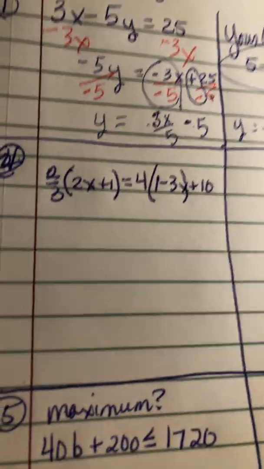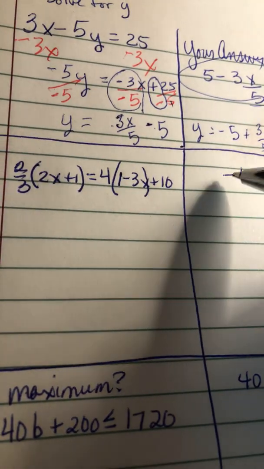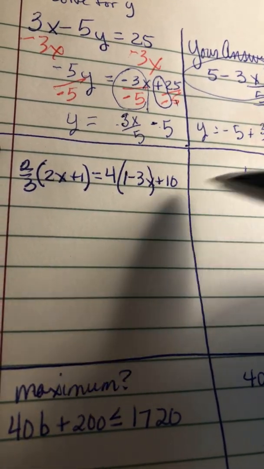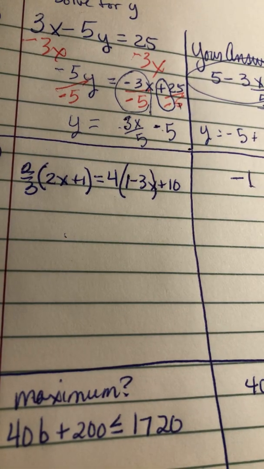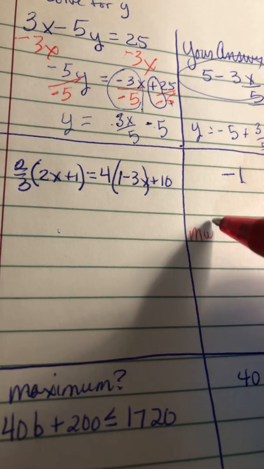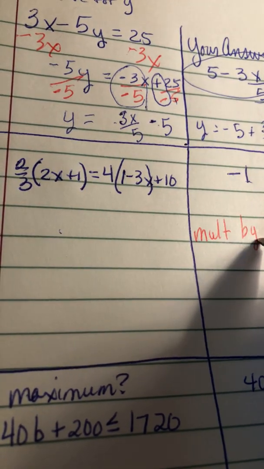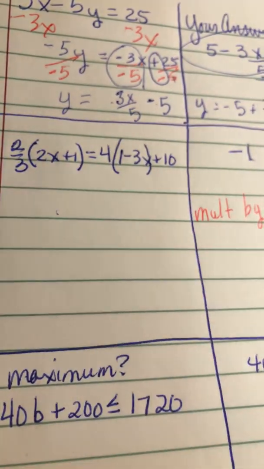Then number 4 was the next one you missed, and I believe, if I remember right, you answered negative 1 and the actual answer was positive 1. So if we go ahead and get rid of fractions first, I'm going to multiply everything by 3 to get rid of the fraction, because we have a denominator of 3 here.